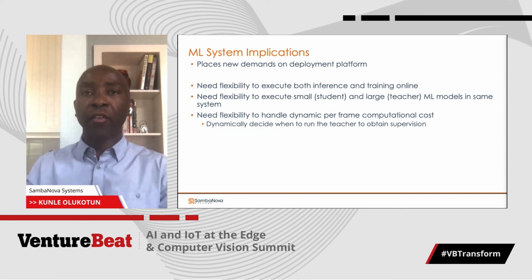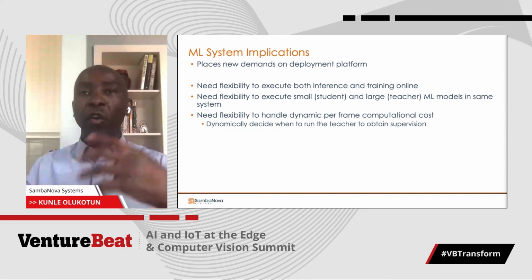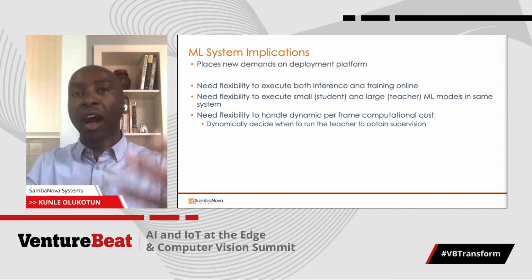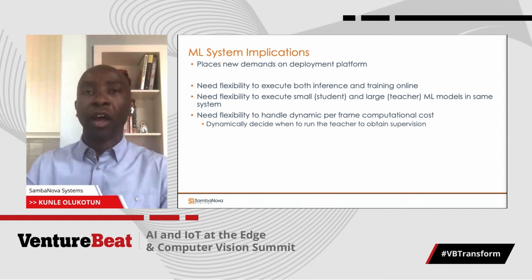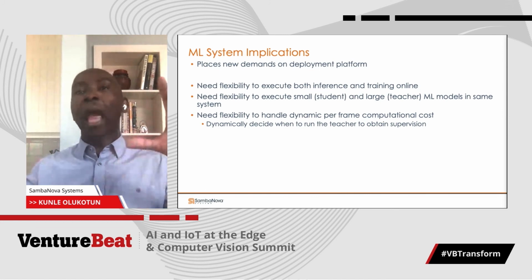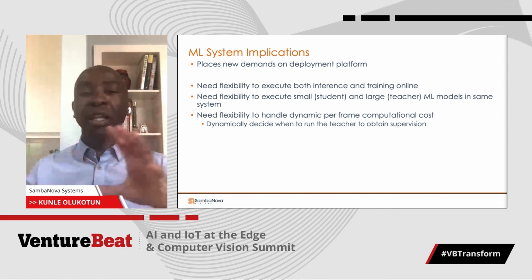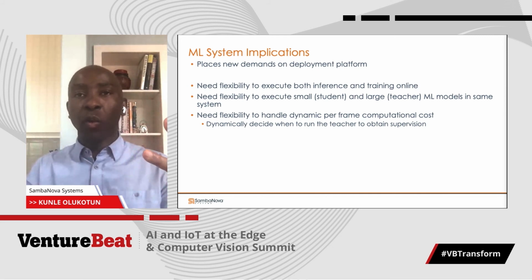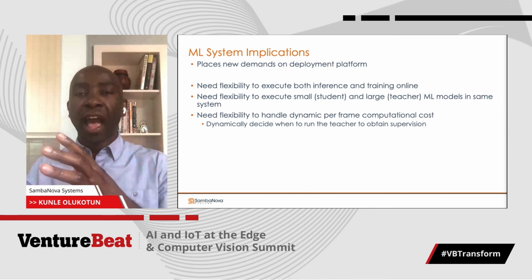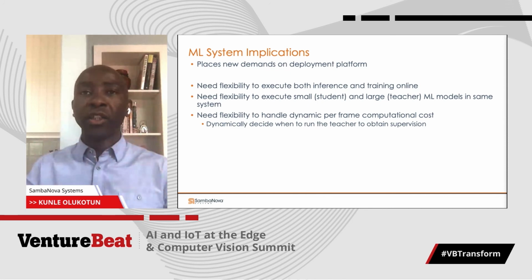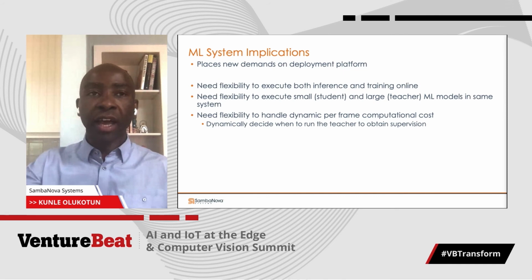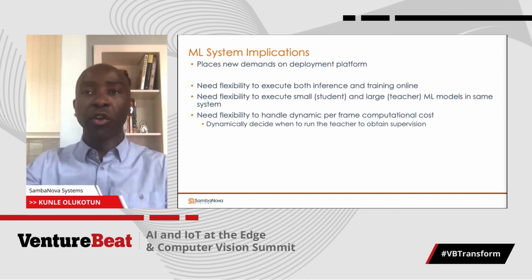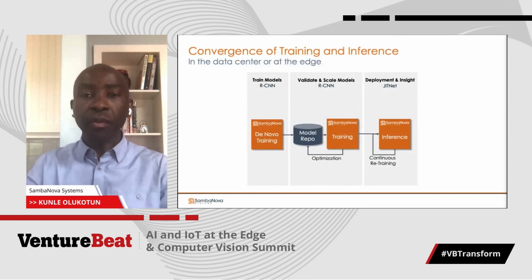So an accelerator GPU that can run the large teacher model very efficiently, but can't run the student model very efficiently, won't work well in this instance. And then you also have to have the capability of being able to dynamically move between one model where you are doing inference and another where you're doing training, and be able to do that in real time and decide when you need to run the teacher in order to do the supervision.